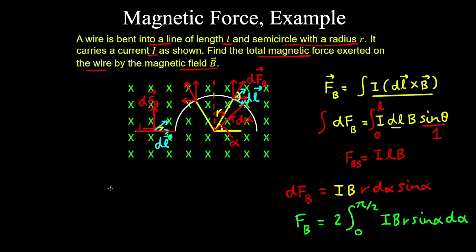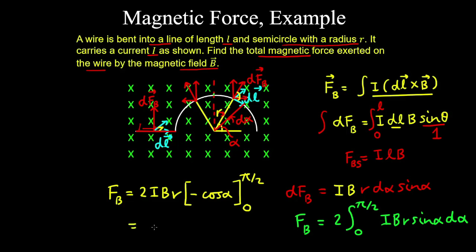So let's take the constants outside the integral. So we have 2IB by r, and sine alpha integrates to minus cosine alpha, which we evaluate at alpha equals 0 and pi on 2. So cosine pi on 2 is 0, and minus cosine 0 is 1.